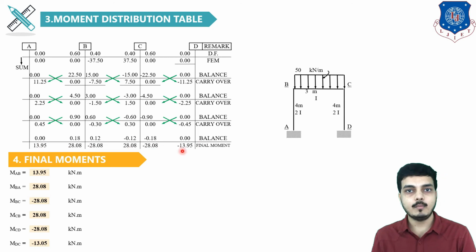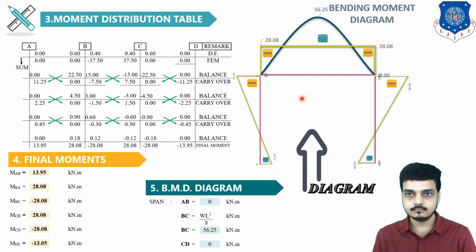Now to draw the bending moment diagram, let's see. AB part, it should be negative for up, but it is coming positive, so down. For the right side, positive should be up, so positive. These two values are for the BC span, these two values for the AB span, these two values for the CD span.